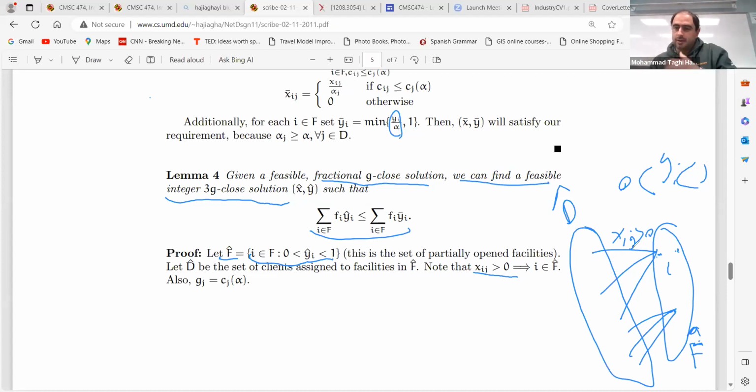These are the clients that are served by this facility. Otherwise it's 0 and we don't consider it. And here, what was g_j? g_j is equal to c_j alpha, from the definition that we had before. It's the alpha point that we already decided. And g is the vector of g_j's.